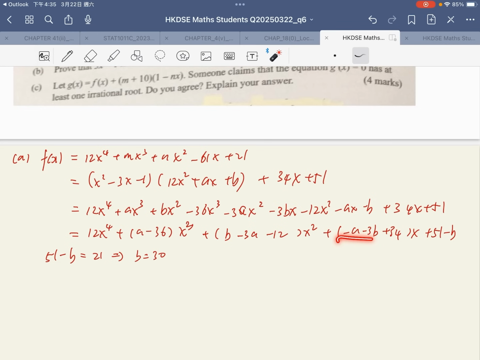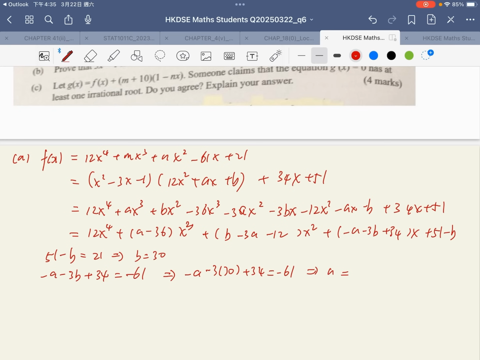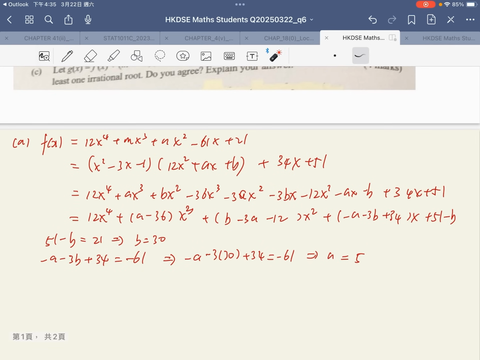And compare the coefficient of x: negative a minus 3b plus 34 equals minus 61, and put b equal to 30 into the equation. I finally obtain the value of a is equal to 5. Yes, it gives 5.